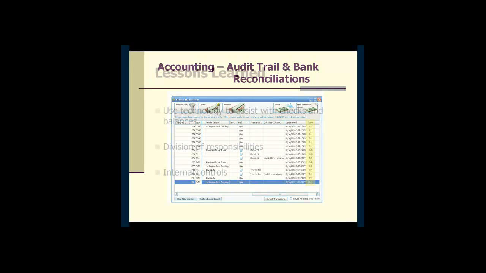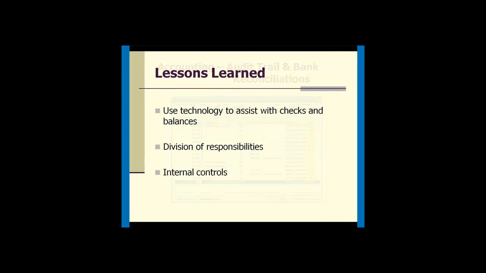As far as lessons learned here, what Carolyn was relating in her stories, I think we can all see how technology can help us with our checks and balances. You can use the system the way it was intended, which is that the contributions would equal the amount going into the bank, plus any additional income like rentals and such that you would enter.